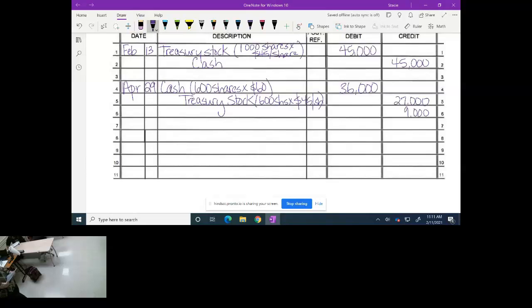So we will be using paid-in capital. It's a hyphenated word, but you can put PIC. Paid-in capital from sale of Treasury stock.